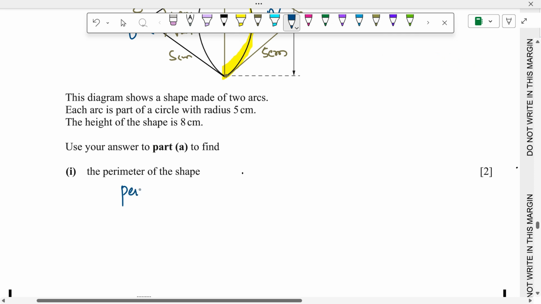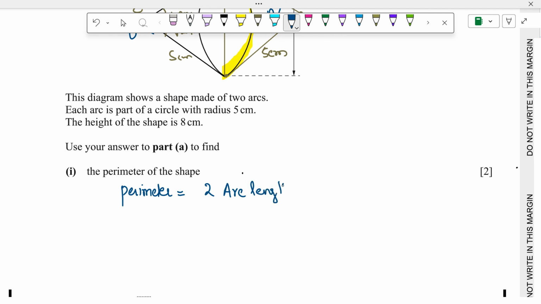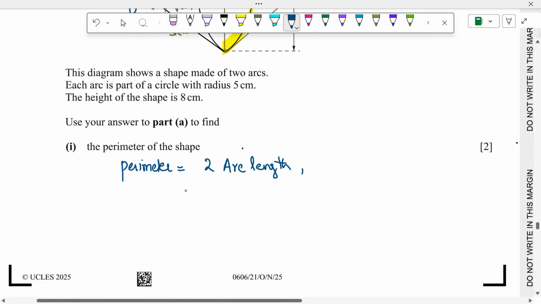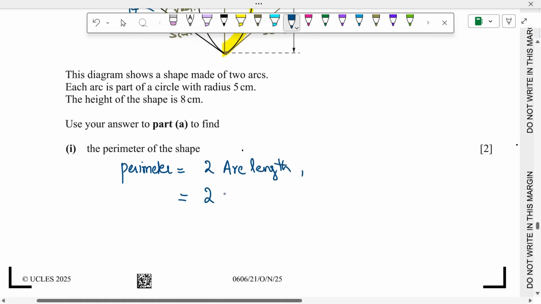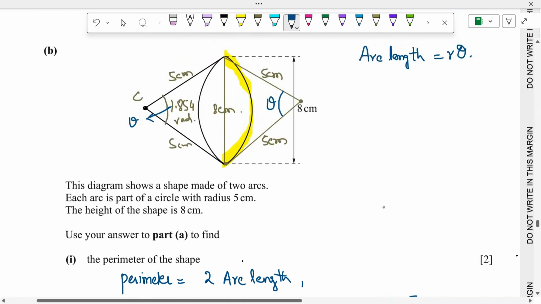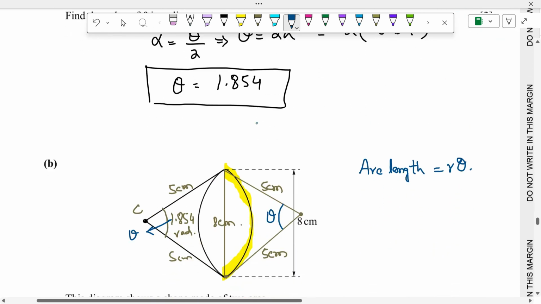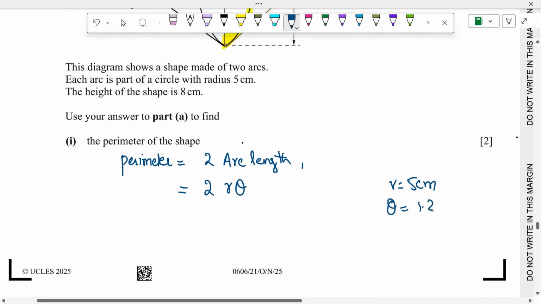So we can write perimeter is equal to 2 times the arc length. One arc length is equal to r theta, and in this case r is equal to 5 centimeters and theta is what we just calculated, which is 1.854 radians.